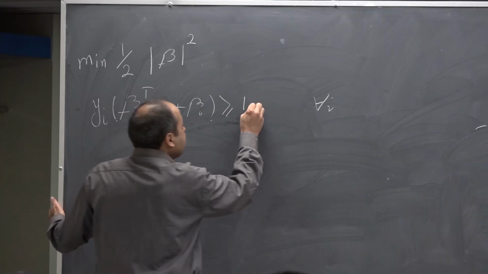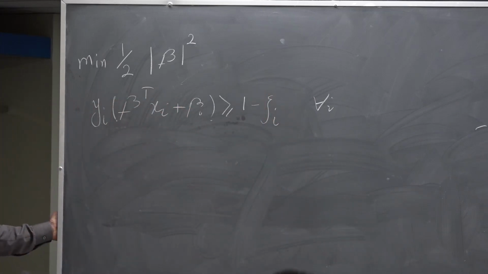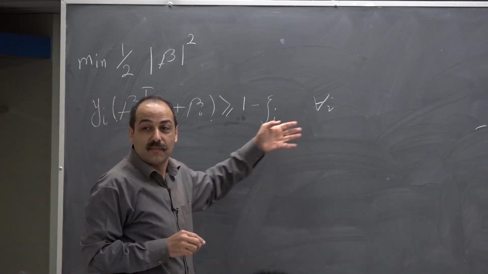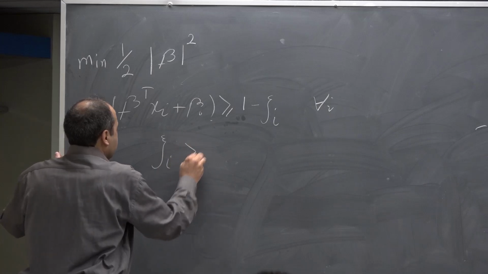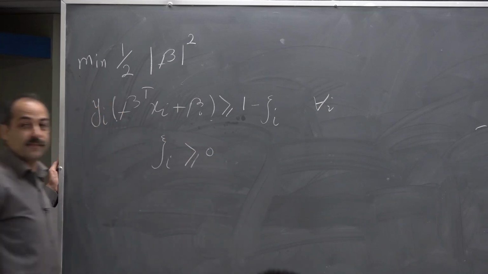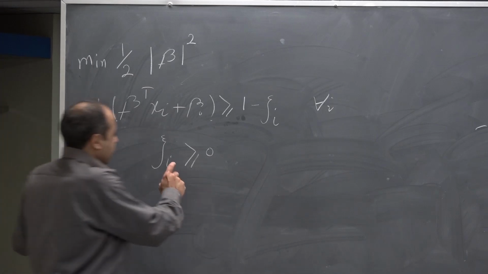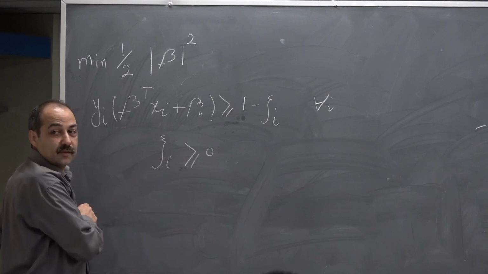For some points it is, for some points it's not. So there are points where it's greater than 1 minus some positive, or some non-negative, value. For some of the points this is going to be positive, for some of the points it's going to be 0.